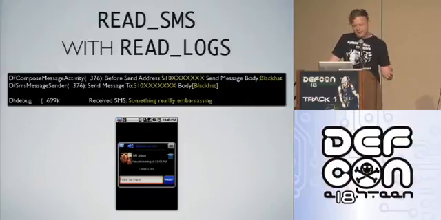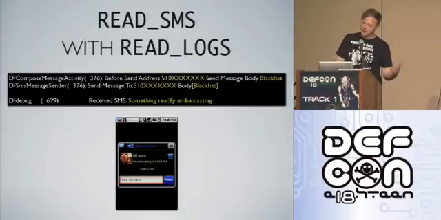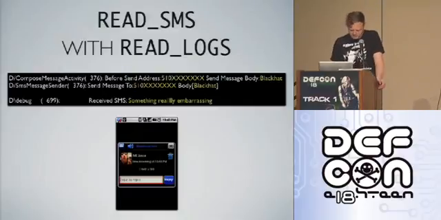We also found an interesting application out there that had read SMS permissions that was just turning around and logging the content of all received SMS to the system log. So here we can pretty much scrape out both sent and received conversations with only the read logs permission.